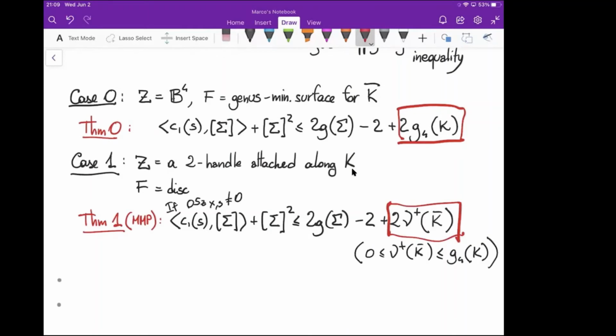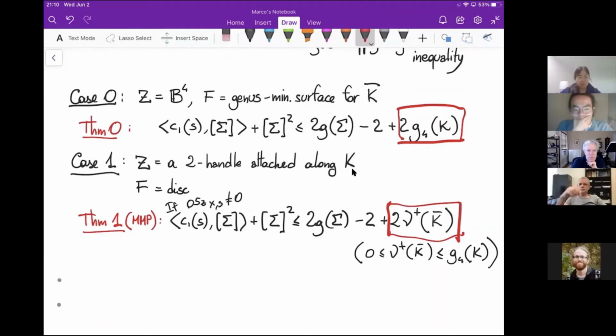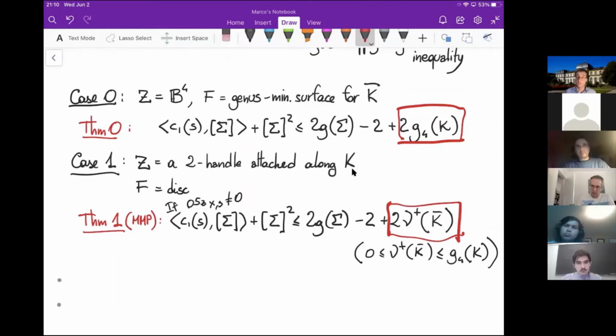And it's basically the optimal choice of a framing coefficient for the two handle that you're attaching. If you make this optimal choice, then the Ozsváth-Szabó invariant of the four manifold with the two handle attached is still non-zero, and so you can still apply the adjunction inequality. And we know that we get something better than before because nu plus of K bar is always less than or equal to the fourth genus of K.